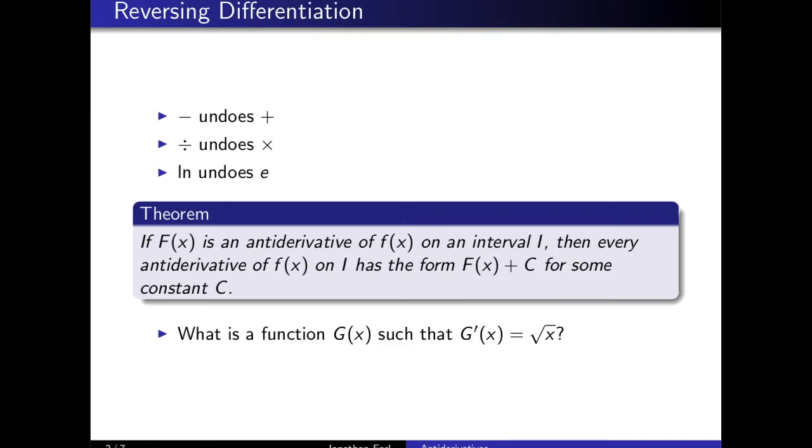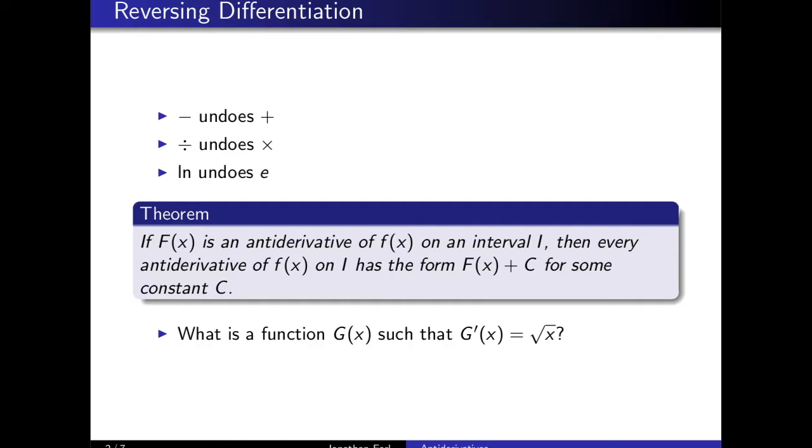Okay, well, what about the square root of x? So we want to take some function that, when we take its derivative, gives us x to the 1/2. Well, from what we know from the power rule, we're going to need something that has an x to the 3/2 in it. But then when we take that exponent and put it out front, we'll get 3/2 multiplied out in front, which is 3/2 more than we'd like.